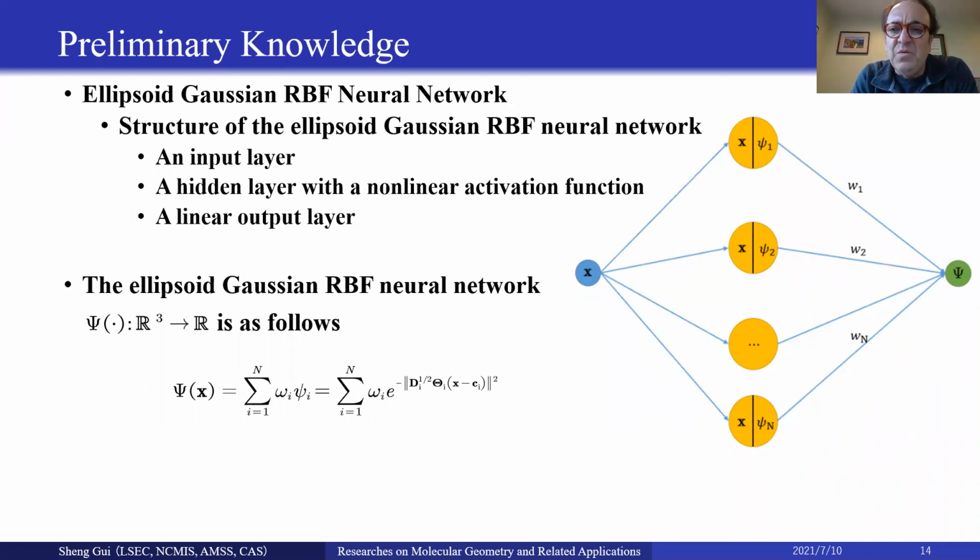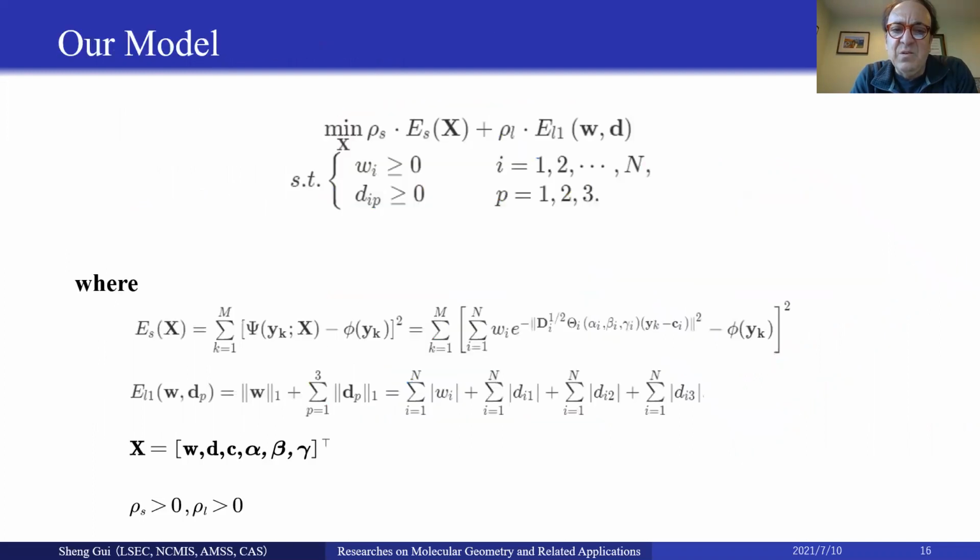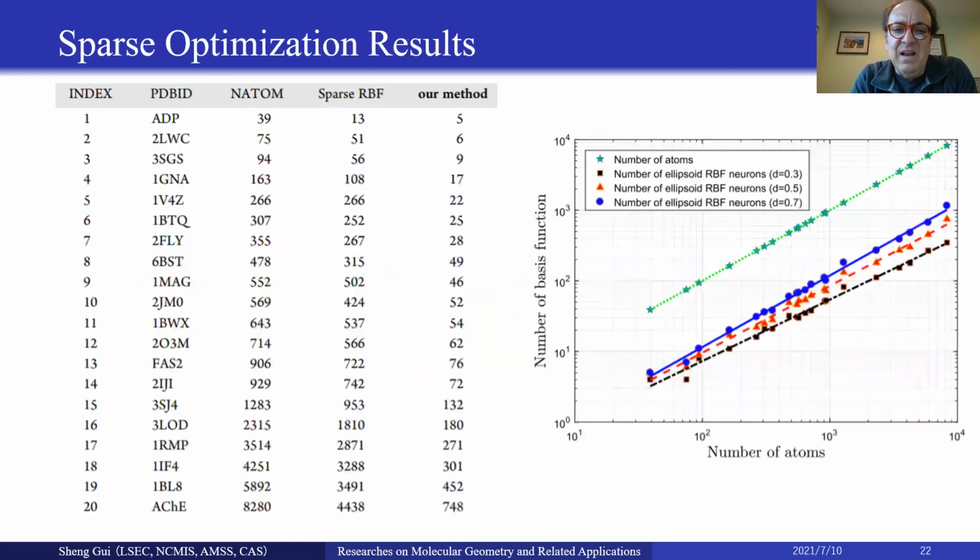Sheng, can you go forward, please? In your results section, here. Yeah, you see this plot? There's no dynamics. Nothing is moving. You see here the green curve, that's the number of atoms.